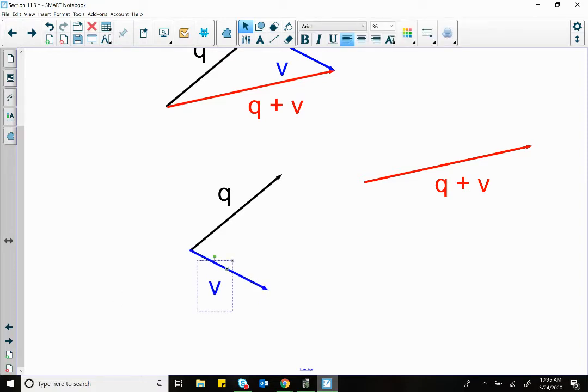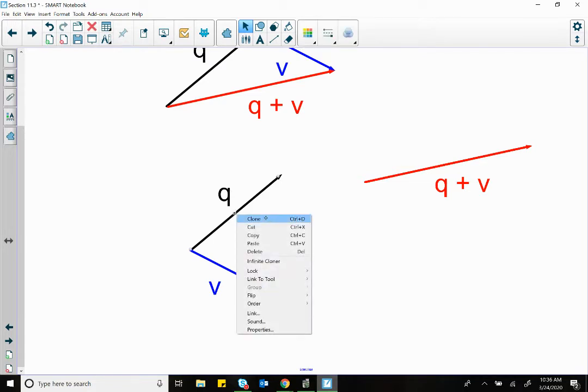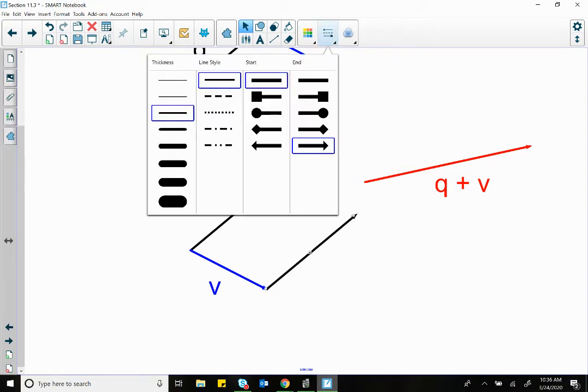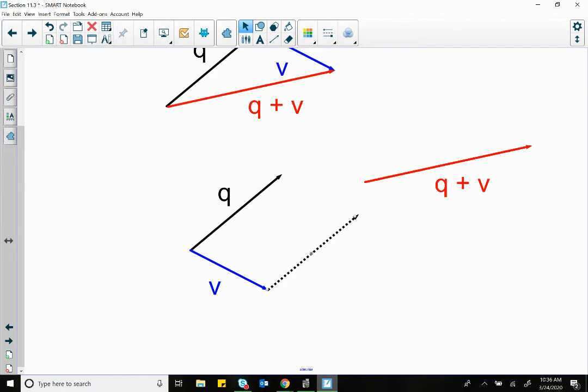So we got both vectors there. And then, again, like I said, they think about this like a parallelogram. So they imagine that this vector Q is also right here. Okay, let me change that line style for that one. Let's make it dotted. So they imagine that that vector Q is also right here.